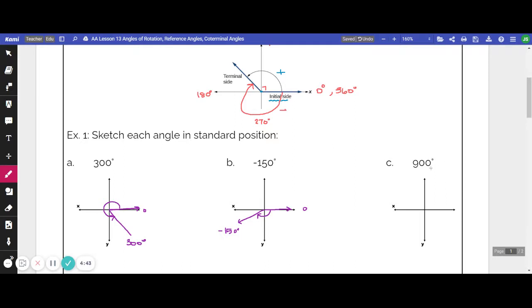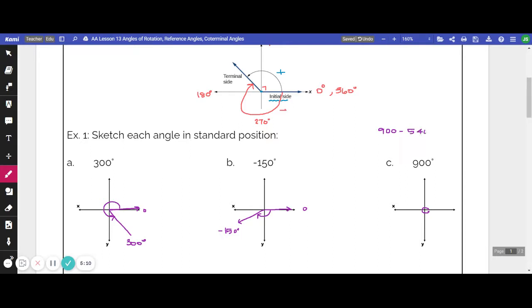C is 900 degrees. 900 degrees is way over the 360 of one circle. So that means that you're going to go around a full rotation more than once. So if I go all the way around the circle one time, that's been 360 degrees. So 900 minus 360 is 540.